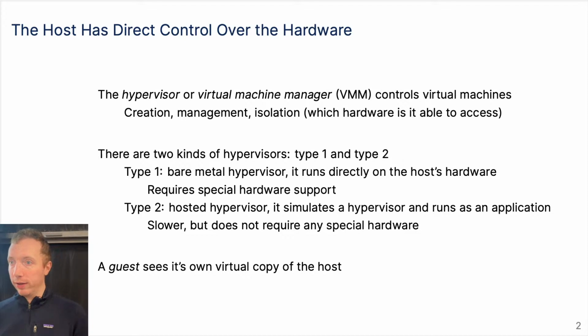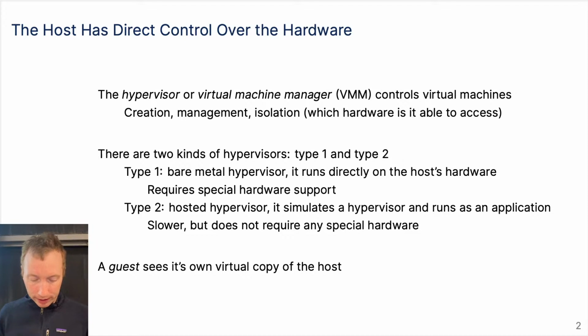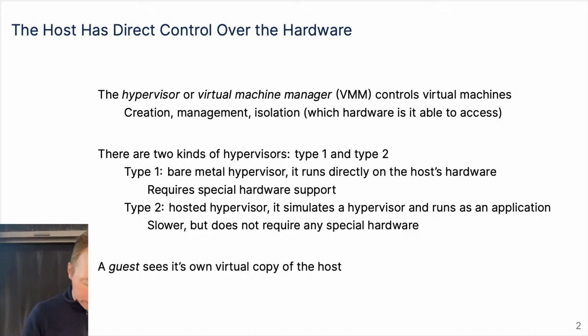It just runs as any old application and uses some tricks to provide a kind of fake hypervisor. So it's slower, but doesn't require any special hardware. Your hypervisor just runs as a process, and it runs other kernels and does some tricks to handle that.